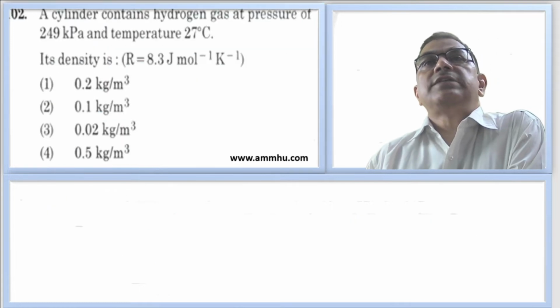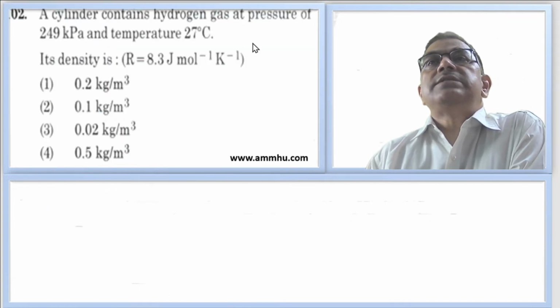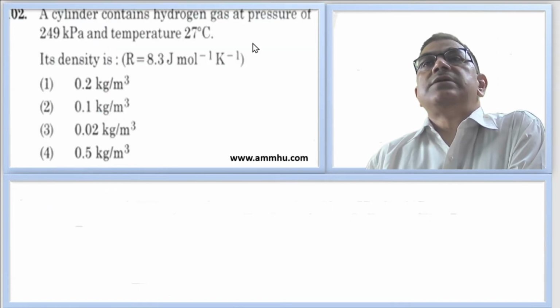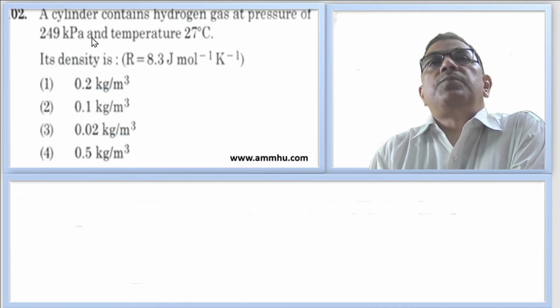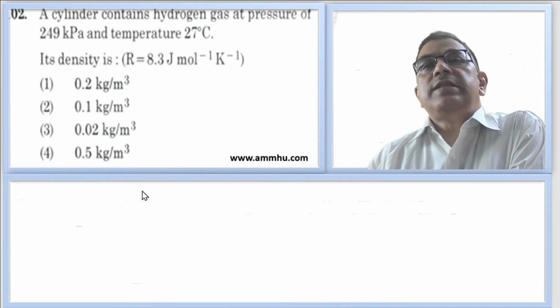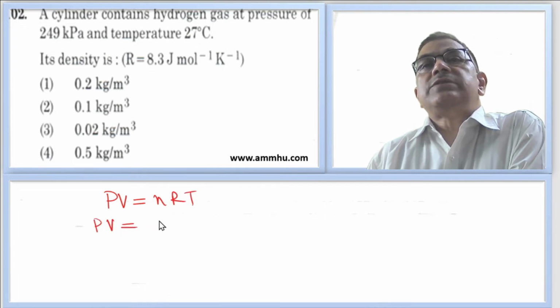Now let's come to the next problem. A cylinder contains hydrogen gas at a pressure of 249 kilopascal and temperature this much. We are supposed to find out the density. We see, because gas is filled in a container, we can always write PV is equal to nRT. This can further be rewritten as PV is equal to M by capital M RT.